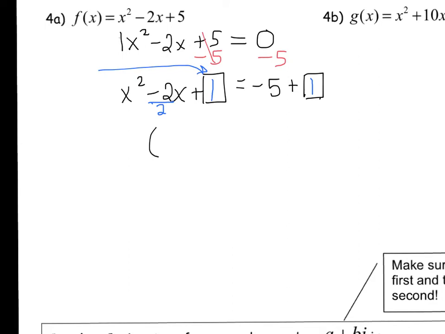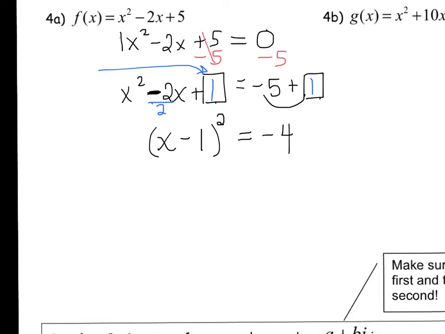Next, we factor the left side. What times what equals 1? 1. And -1 minus 1 will give us -2. So in parentheses, it's x minus 1 squared. When we combine those two, -5 plus 1 is -4.